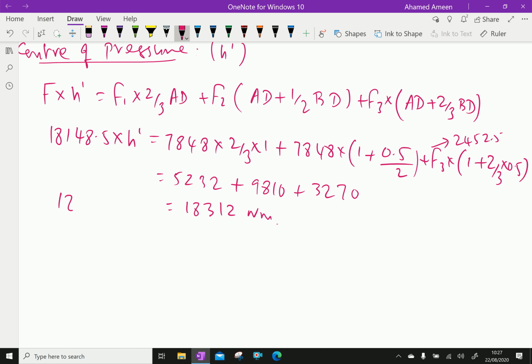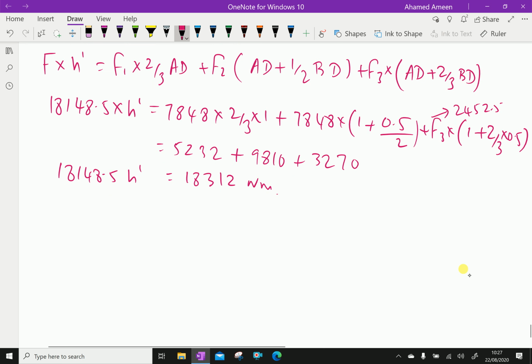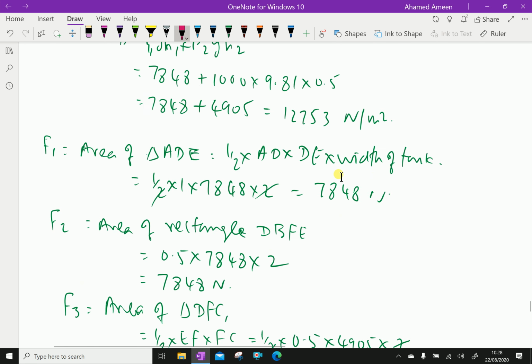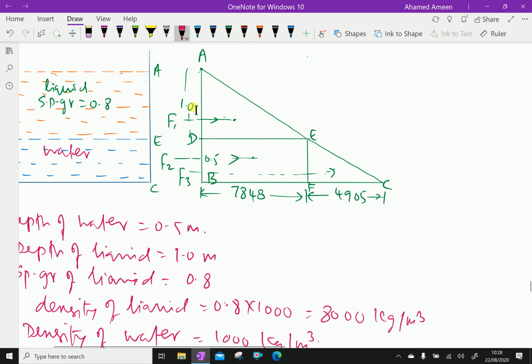Here this side is 18148.5 into h bar. Therefore h bar equals 18312 over 18148.5, which is approximately 1.009 meter from the top.